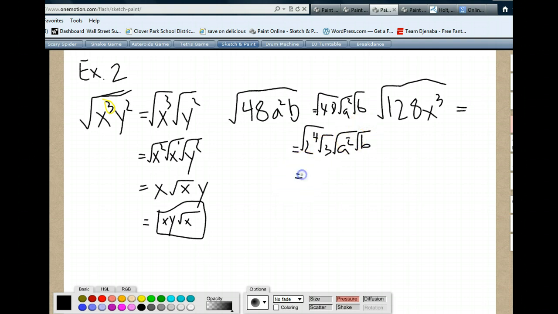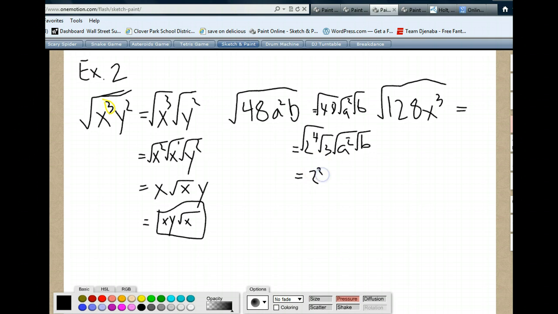So remember, the square root is a base being raised to the power of 1/2. So if I apply 4 times 1/2, I get 2. So I would get 2 to the second.